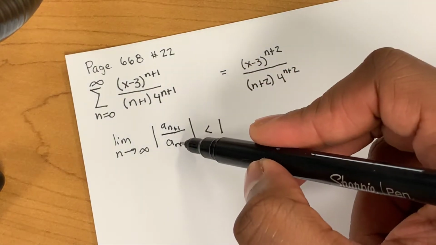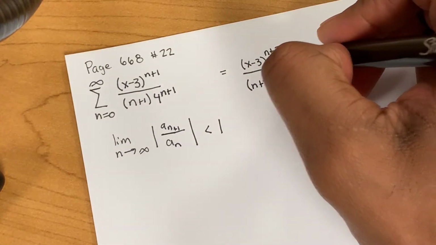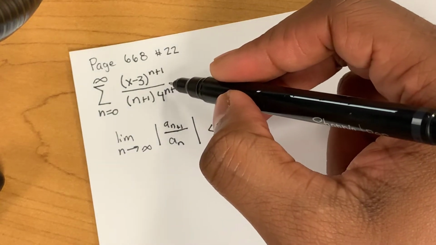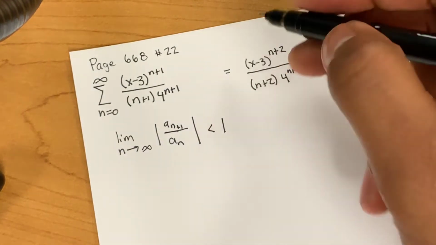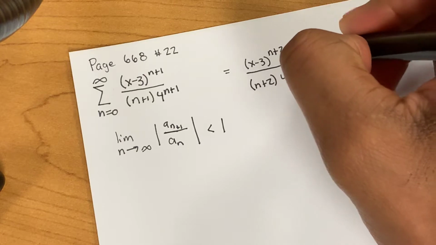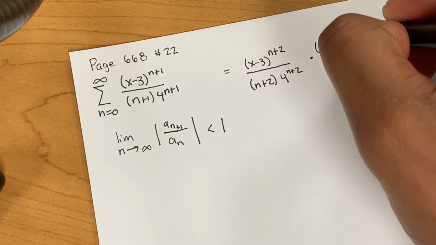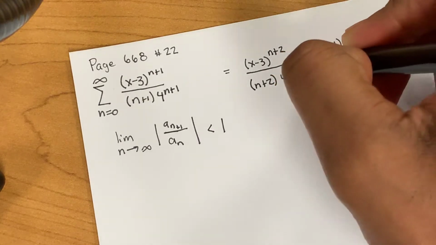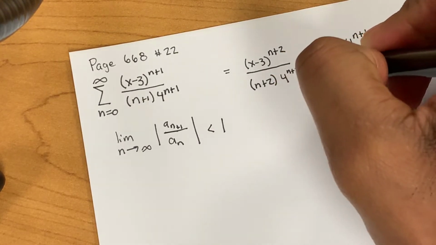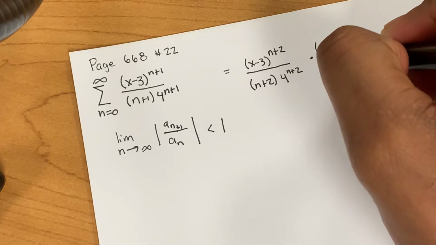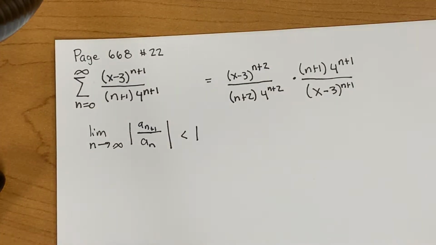And then dividing by a_n, we would have really the reciprocal of this sequence. So that would be n plus 1 times 4 to the n plus 1 over x minus 3 to the n plus 1 power.